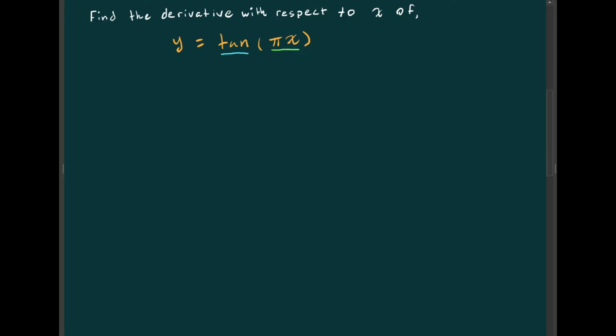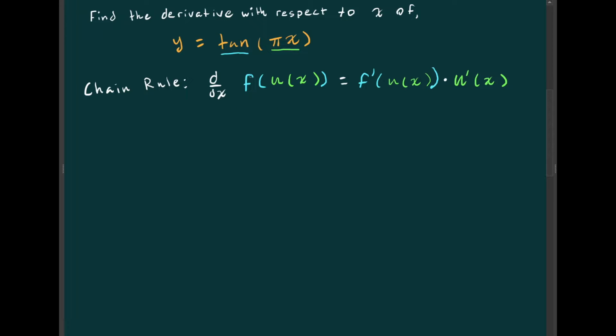The chain rule states that the derivative of f of u of x is equal to f prime of u of x times u prime of x. So let's set the outside part, the f of u, to be tangent of u.